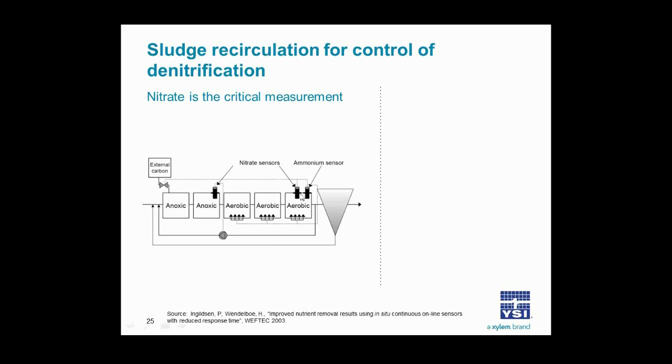And taken together, the measurements from this can help you to meet the three objectives for denitrification, and that is meeting nitrogen limits, of course, maximizing the use of wastewater COD, and minimizing the external carbon dosage, which is very expensive.